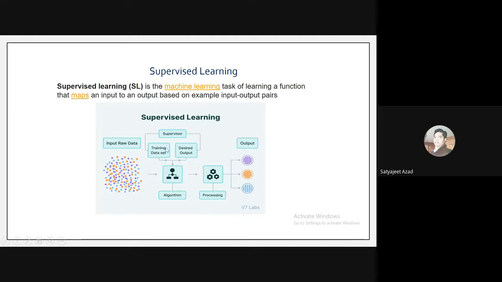Training data is historical data that is available with you. Unseen data is what is called test data. Based on this test data, you would like to know whether a customer will churn or not. If there is a multi-class problem, then there will be a third case also. Okay, so this is how supervised learning works.